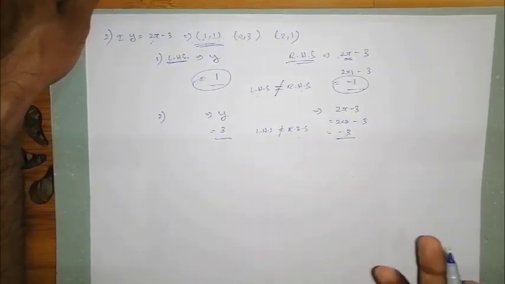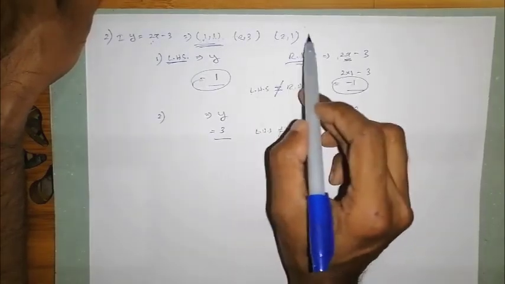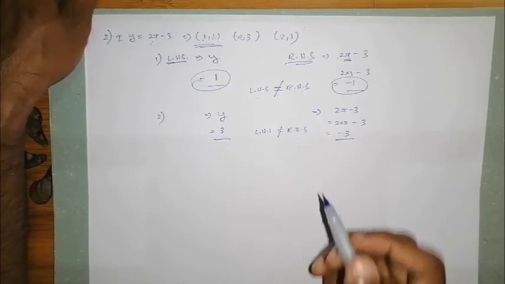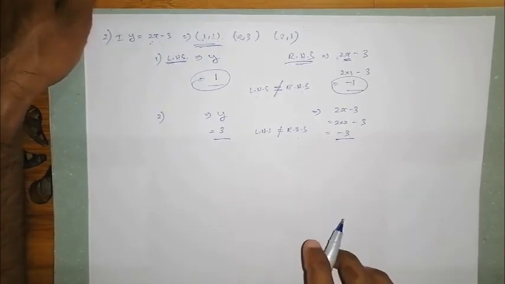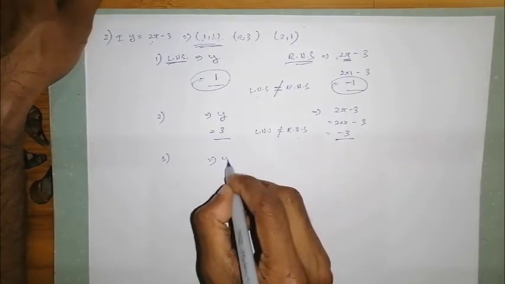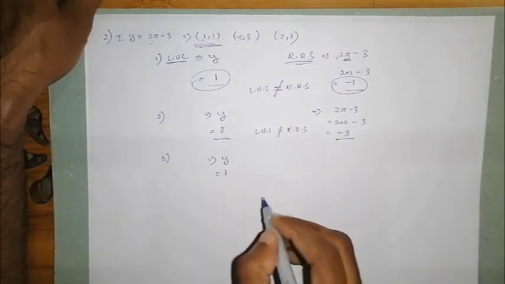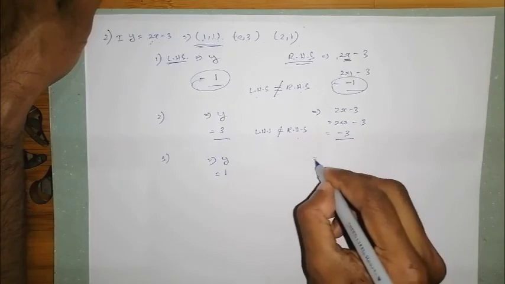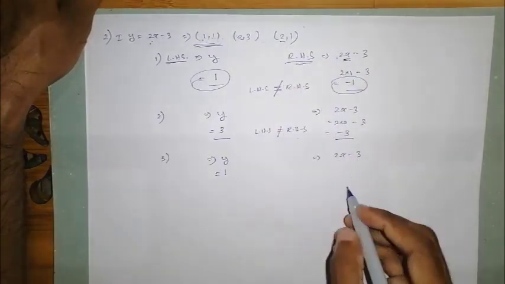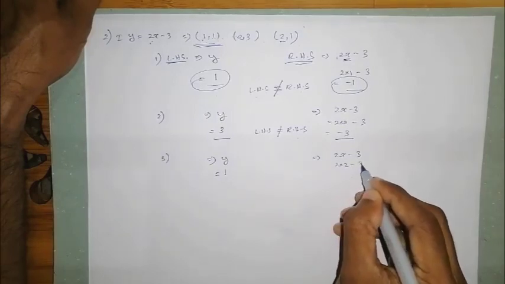So simple, you don't need to do the third part. The third part is the answer. But we'll do it for our knowledge. So the third part, the y coordinate is 1. So on the left hand side we have 1, right hand side 2x minus 3. If you substitute 2 for x, so 2 into 2 minus 3.